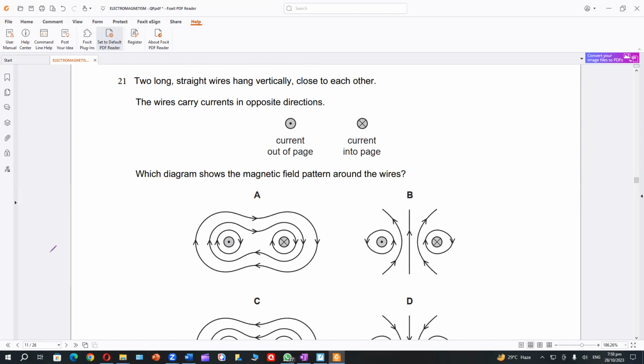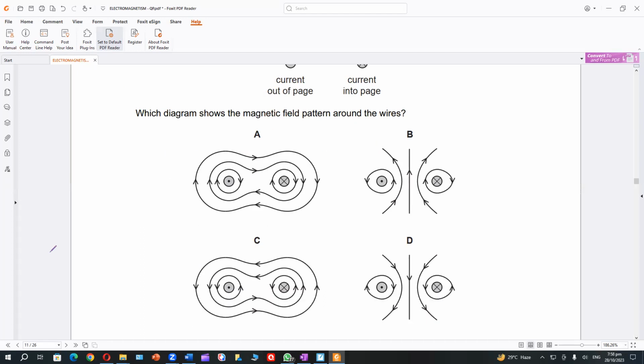Two long straight wires hang vertically close to each other. The wires carry currents in opposite direction, dot and cross. Which diagram shows the magnetic field pattern around the wire? One is dot, one is cross. Unlike currents repel each other.